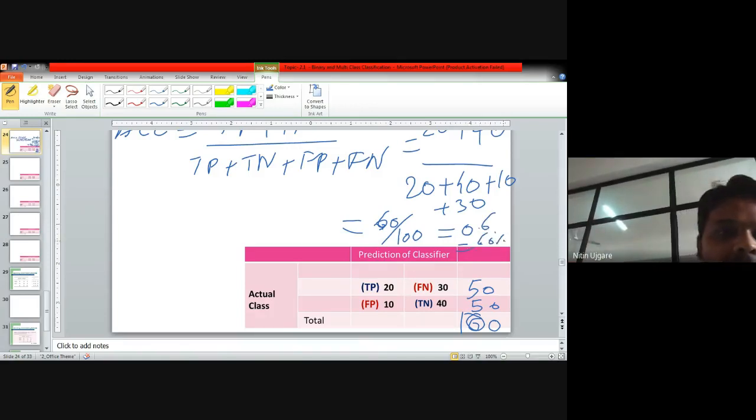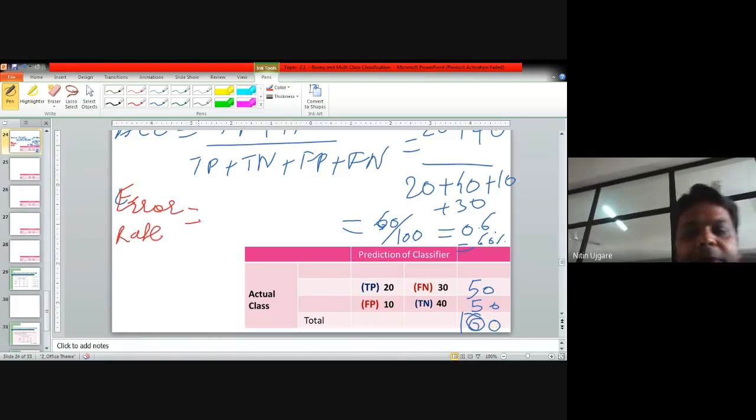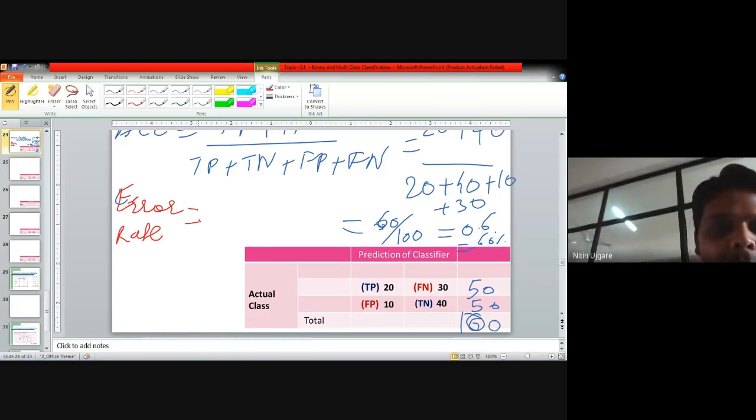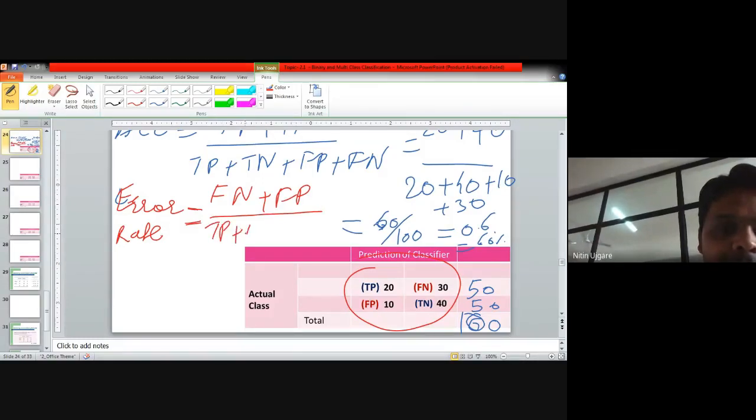Now the error rate is exactly the opposite of this. The error rate is represented by all the off-diagonal values of the confusion matrix, that is FN plus FP divided by TP plus TN plus FP plus FN.